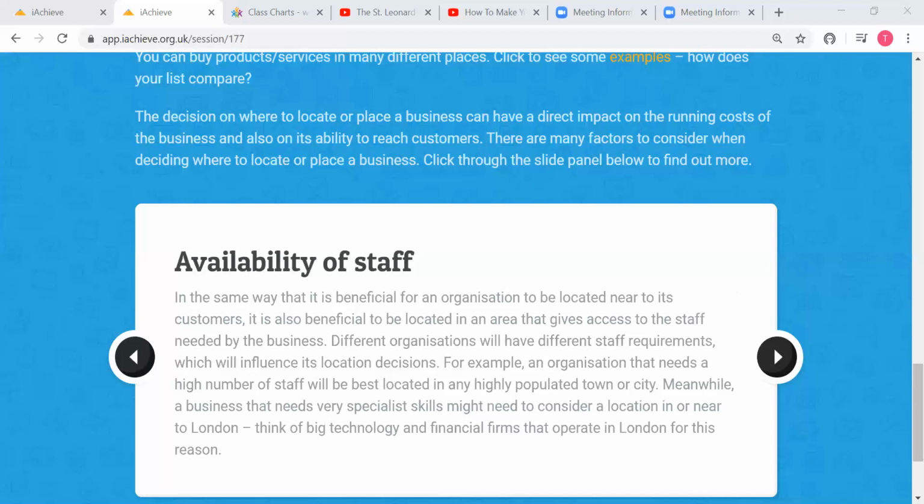And then there's a short quiz. I want you to think about why high unemployment can be a good thing when deciding on the location of a new business. High unemployment is not great for sales, but what is it good for? So think about that and respond to that. What are the advantages and disadvantages of being located near to competitors?